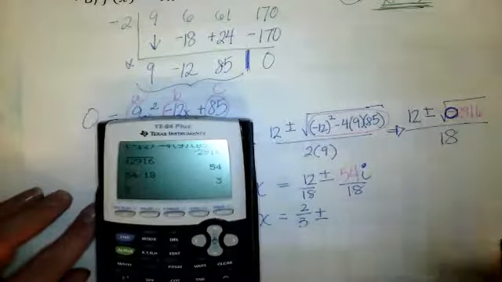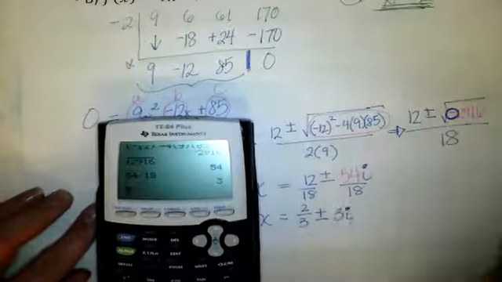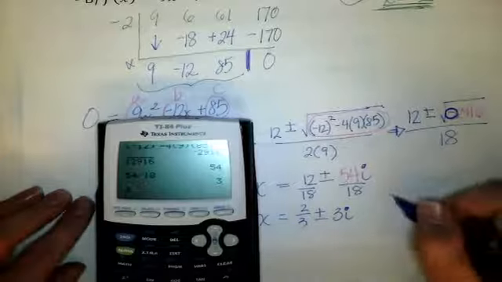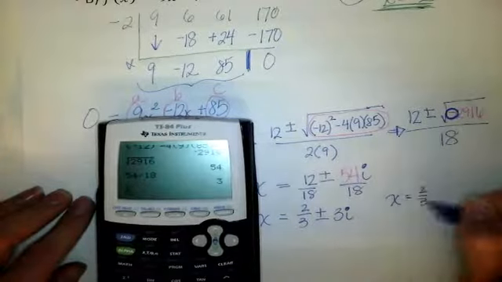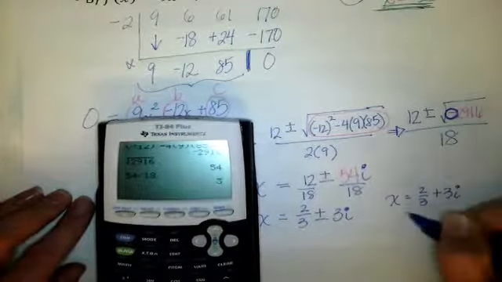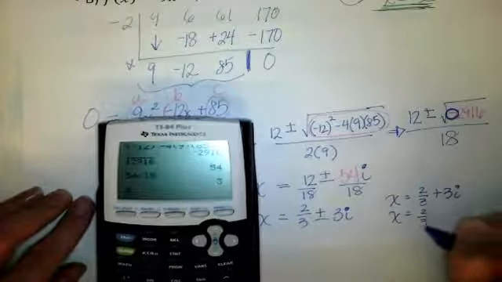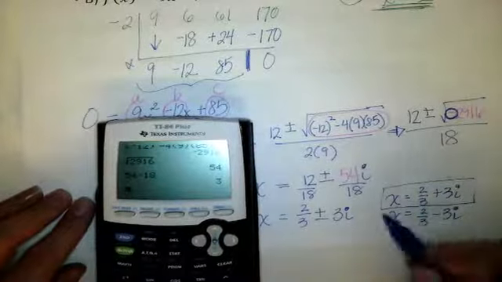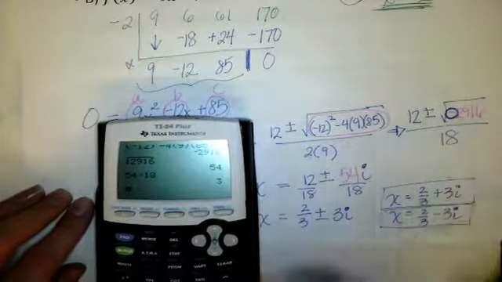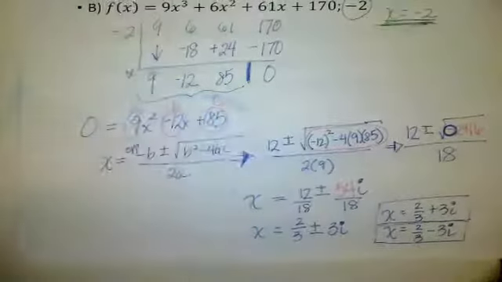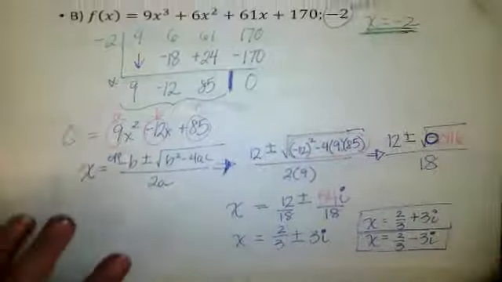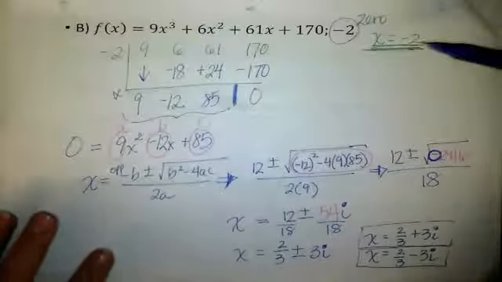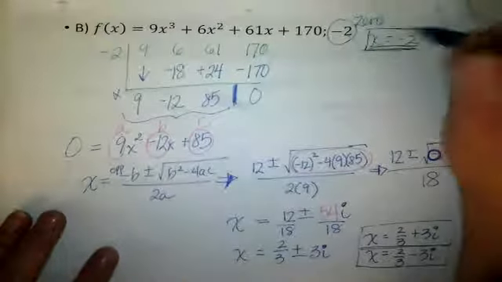So that just turns out to be 3i. So there are 2 solutions for x there. 2/3 plus 3i and 2/3 minus 3i. And what was the other solution? They gave it to us right there, x equals -2.